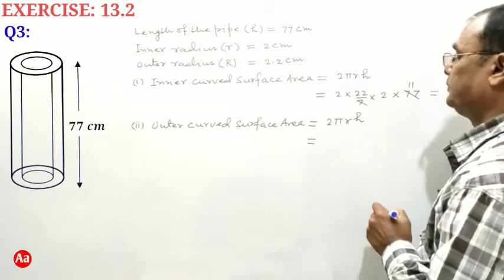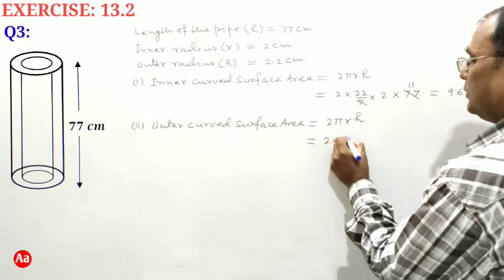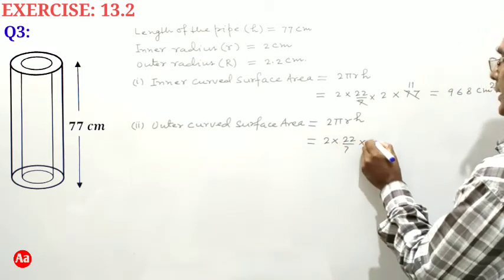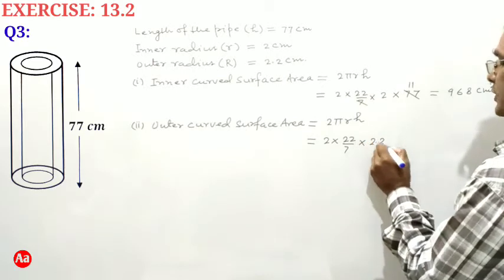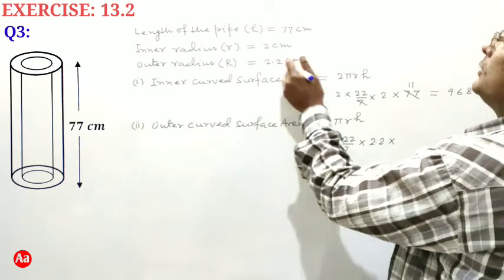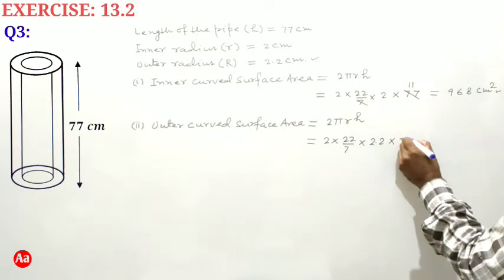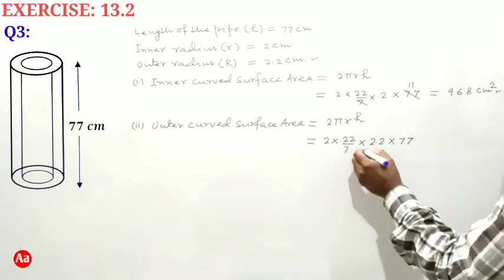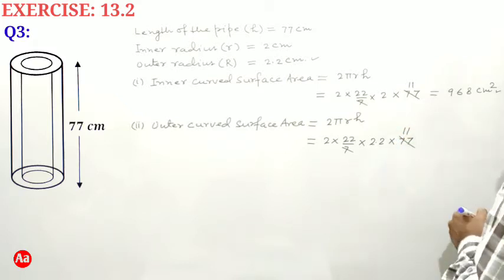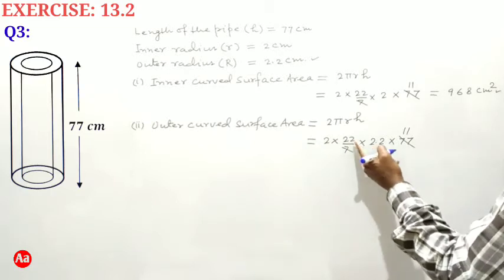Let's put values of pi, r and h. 2 into 22/7 into radius, this time 2.2 centimeter we are writing because it is outer curved surface area, so outer radius will be used. 2.2 centimeter into length of the pipe, 11 times 77, 2 into 22, 44.